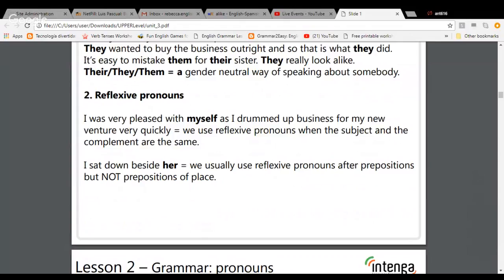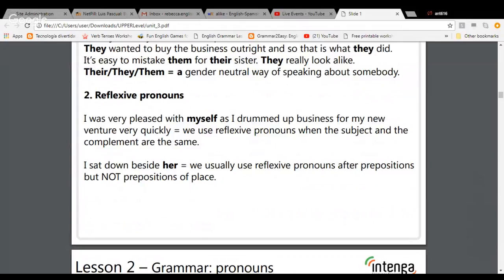So "I sat down beside her" is not a reflexive pronoun, right? No, because you aren't her. If you said "I sat down beside herself," it's not reflexive. I believe what you would be saying is next to her body with that word "self." It is not the same. And so, as I say in the first part, we use reflexive pronouns when the subject and complement are the same.